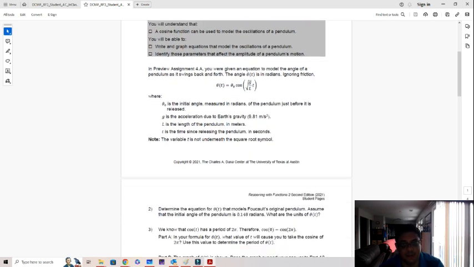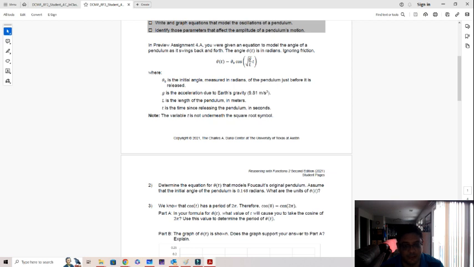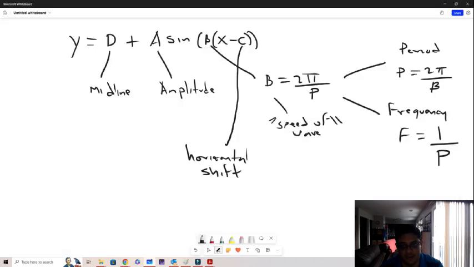Now, the variable t is not inside of the square root. This is the square root only of g over L. We want to determine the model for the original pendulum. Here, assume that the initial angle is 0.148. Notice that that is theta 0.